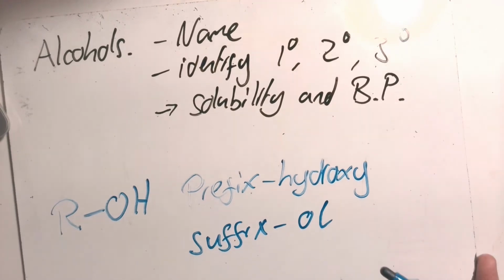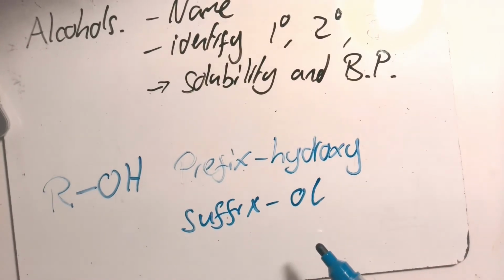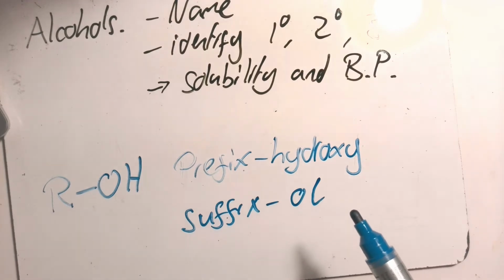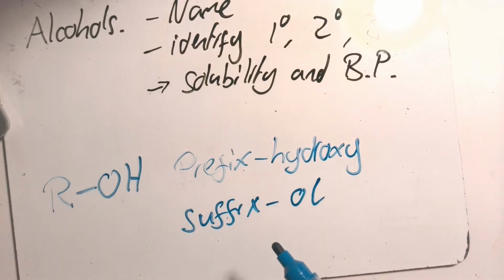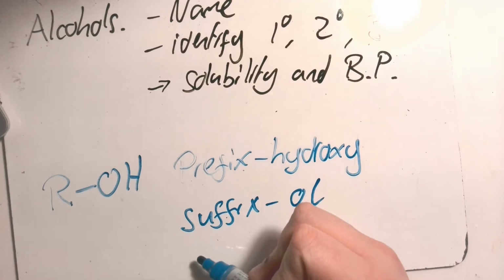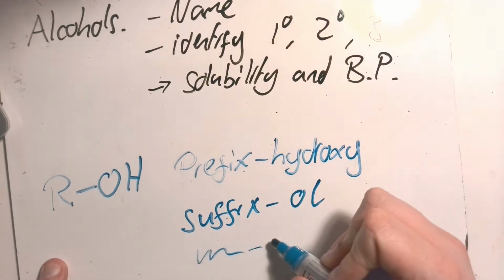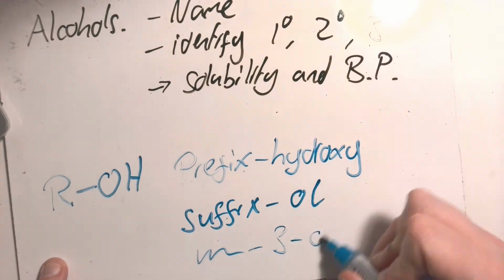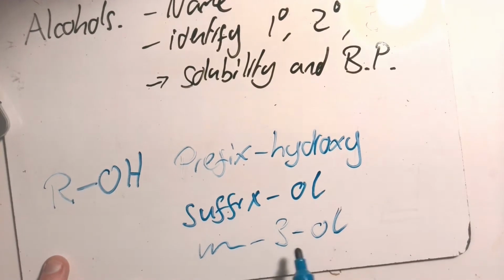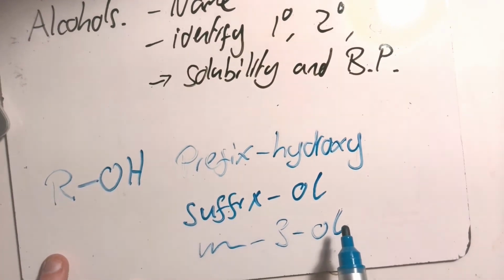If you have your OH group located in places other than the end of the chain, or in multiple places, you would use something like number 3 ol. So for example, this one here would have an OH group on carbon number 3.